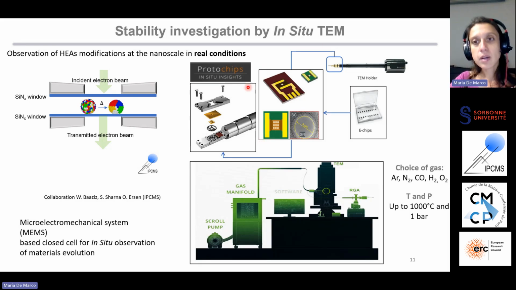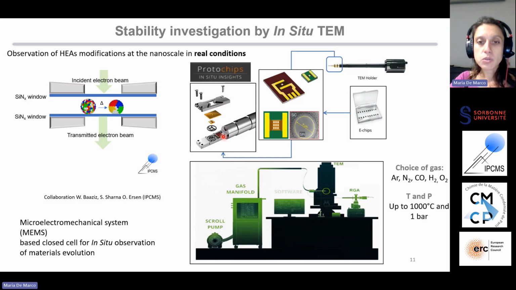In this system, a TEM sample holder from Protochip is connected with a gas supply system from which we can choose different gases, inert as well as reactive gases, and the sample holder can be heated up to 1000 degrees and operated at a pressure of 1 bar.